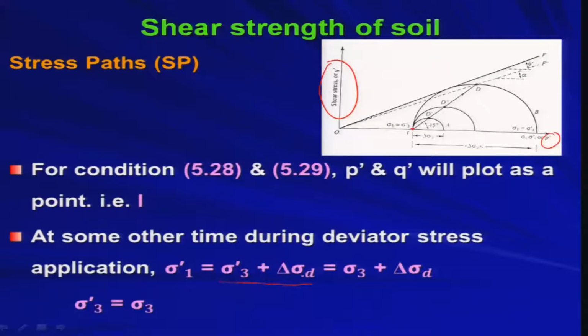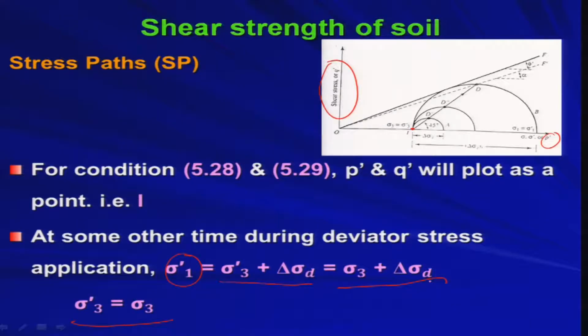So, sigma 3 prime plus delta sigma d is equal to sigma 1 prime, which, because you are considering a drained test, is equal to the total stress, sigma 3 plus delta sigma d. Okay. Now, what about sigma 3 prime? Sigma 3 prime is already equal to sigma 3 and will remain constant throughout the test. So, sigma 1 prime is sigma 3 plus delta sigma d, and sigma 3 prime is equal to sigma 3.